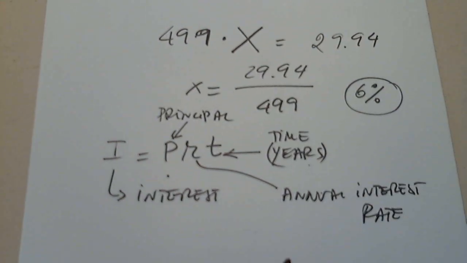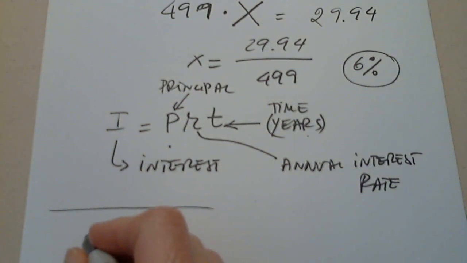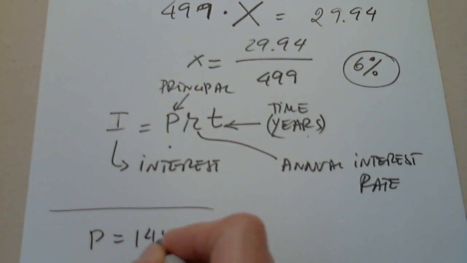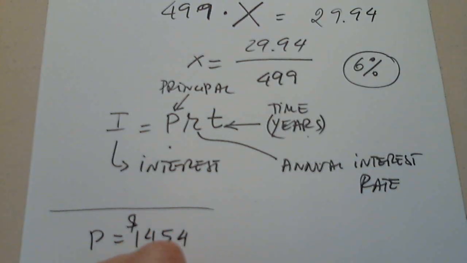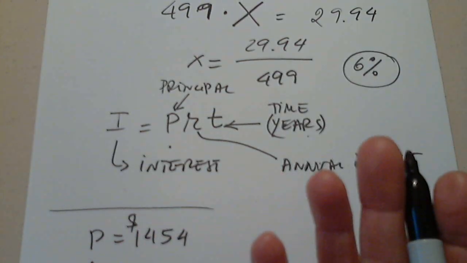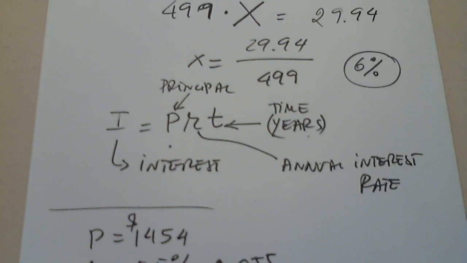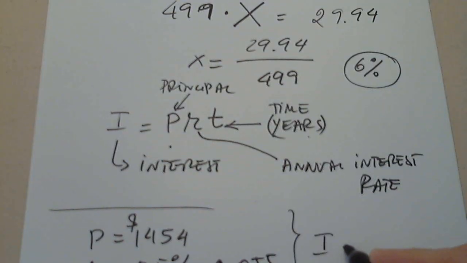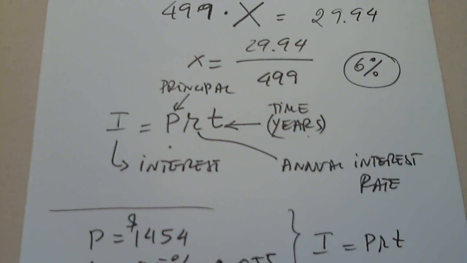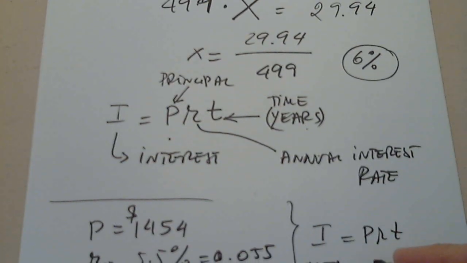So let me write this down. The principal is 1,454. We have the interest rate, 5.5. So 5.5% is 0.055 in decimal. And the time is 4 years. So this will give us the I, which is PRT. But the total is the original.